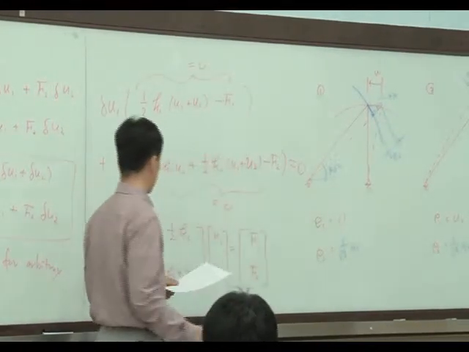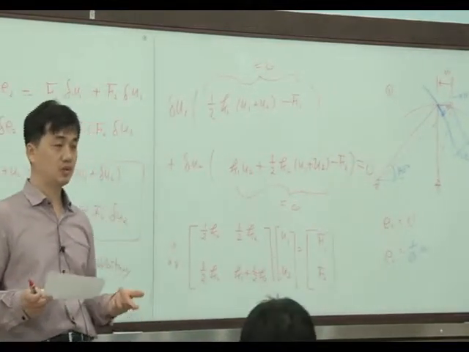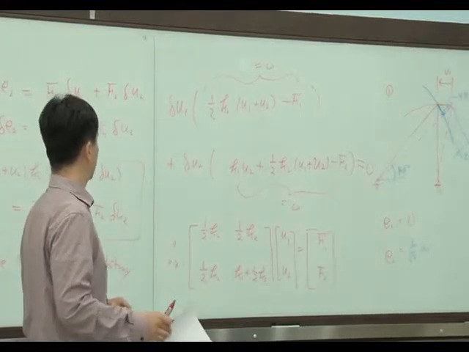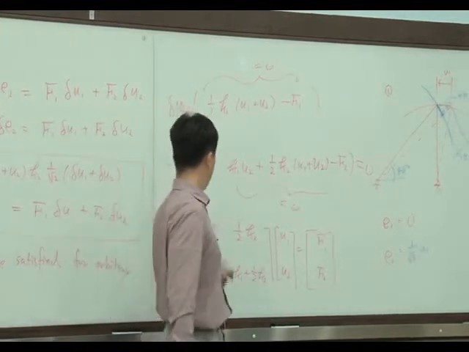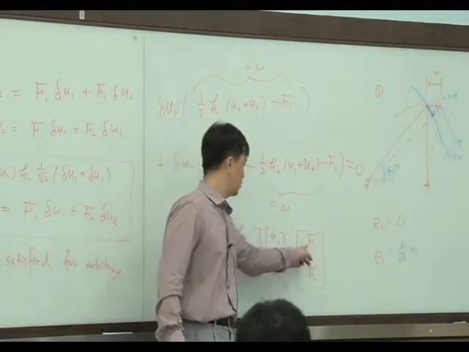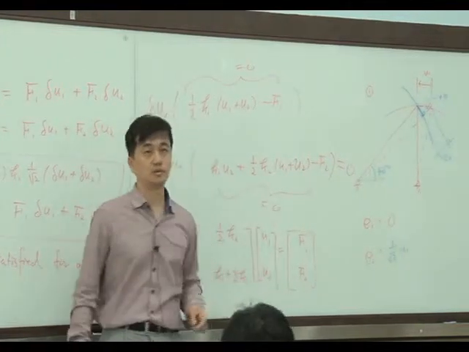Right? This is the final equation. In the final equation, we don't have any virtual displacement. Okay? So K1 and K2 are given, and F1 and F2 are given. So we can calculate U1, U2.